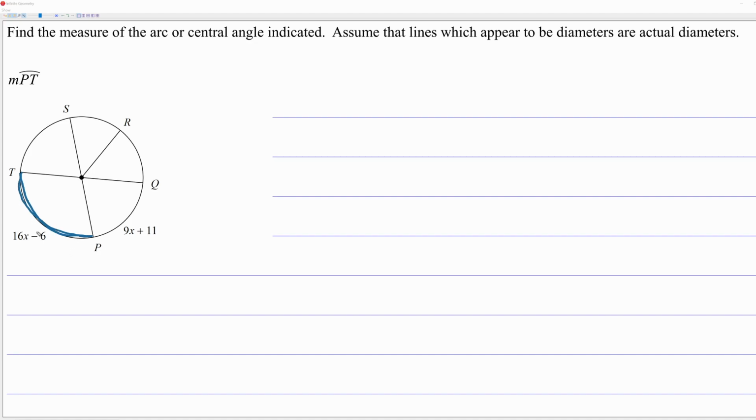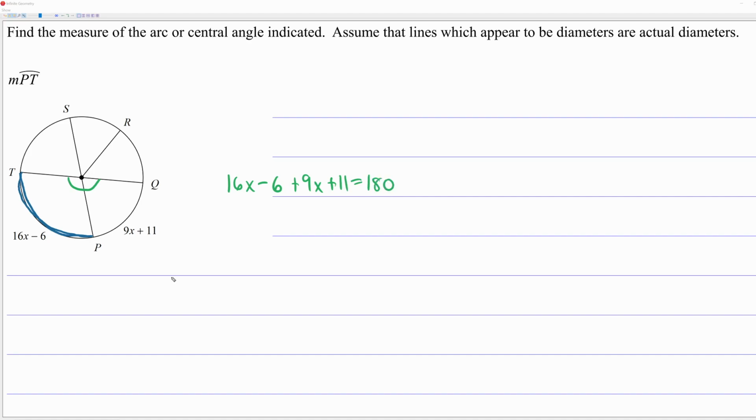So I think I'm just going to set this problem up and not solve it, because I think you probably see, well, we have half of a circle, which means these 2 angles add up to make 180. So we have 16x minus 6 plus 9x plus 11 equals 180.